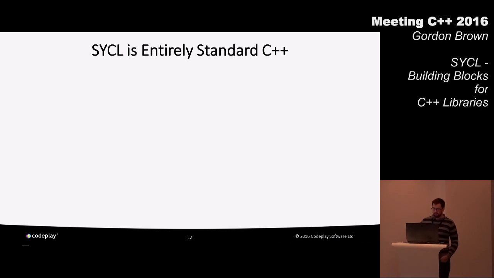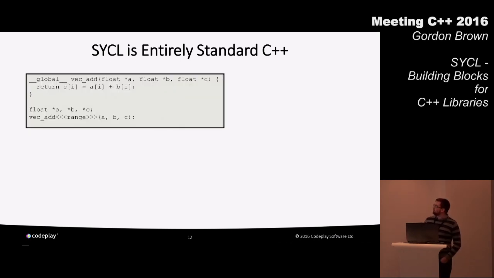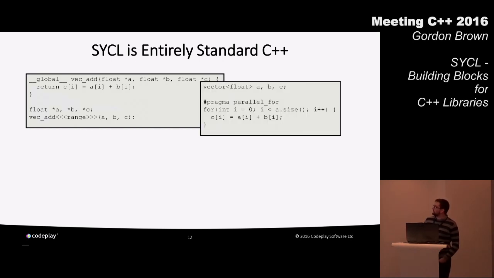The best way to describe that is if you look at an example of CUDA. Here in CUDA we have this global attribute that's used to annotate a function to say this is a device function. And then below that you have this extended syntax with the three angle brackets to say you want to execute this function. And then an example of OpenMP, you have these preprocessor pragmas to give a hint to the compiler to say you want to parallelize this loop.